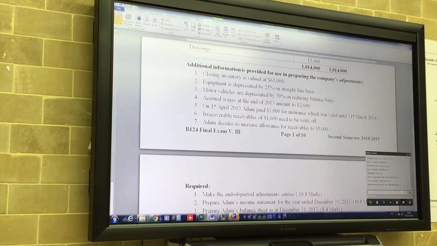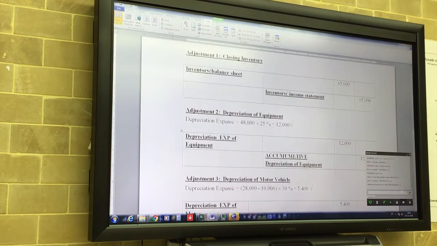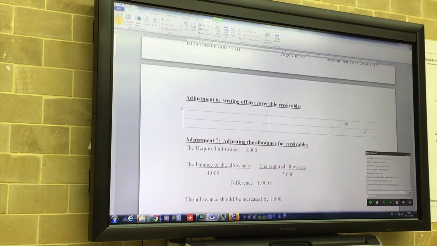So we will say 1,600 from irrecoverable receivables as a debit, to what? To receivables, because this is bad debt.